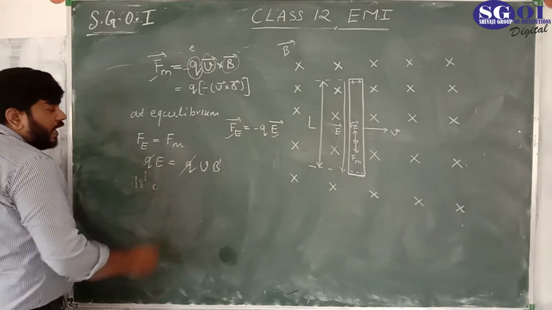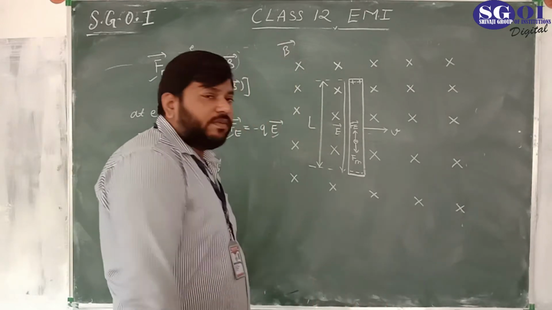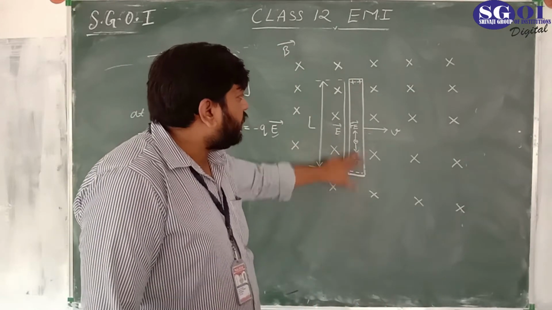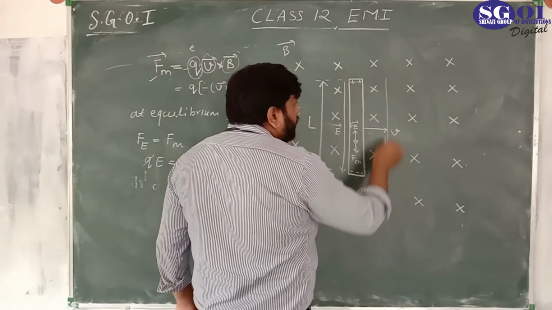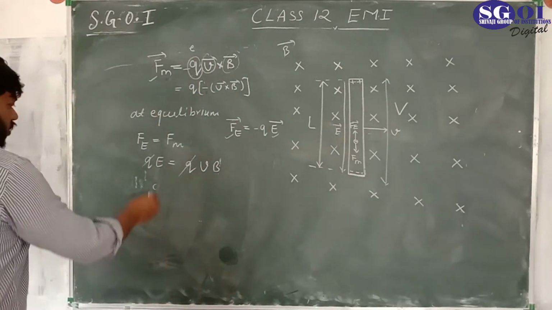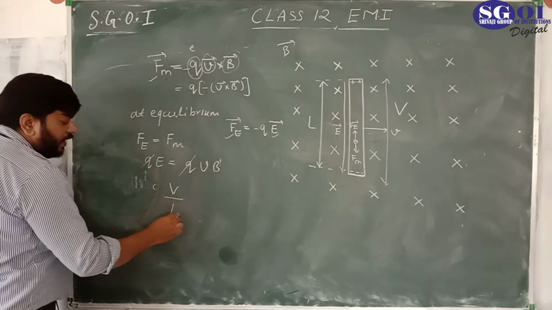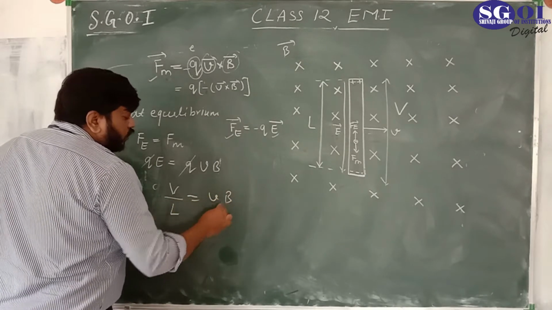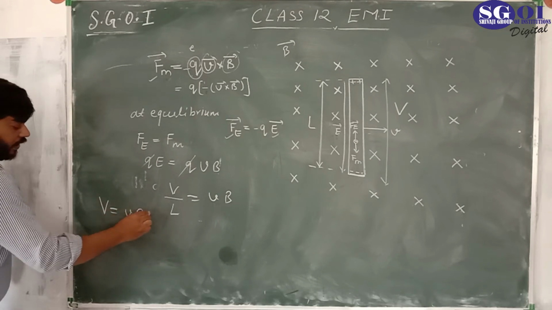Cancel q with q. And E is dV by dx, the potential gradient. What is dV? The potential difference. Let's say the potential difference is V, capital V, and this is small v, the velocity. So V upon the distance, which is L: V by L equals small v into B. Cross multiply: V equals vBL.